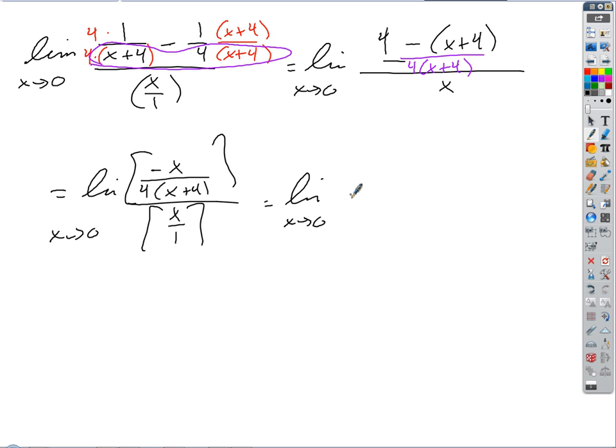So then we're gonna get the product of the factors, negative x over 4 times x plus 4, times 1 over x, right? And when I multiply fractions, I just multiply straight across, right? So really all I've done is I've just tacked the factor of x onto the bottom. So now what can I do? Couldn't you eliminate the two x's?